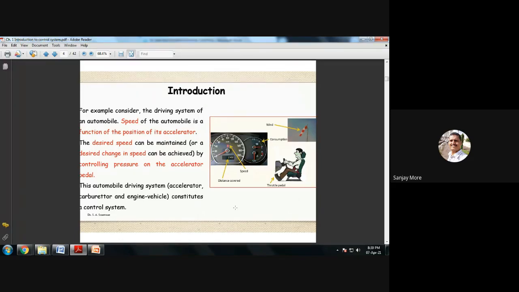Speed of the automobile is a function of the position of its accelerator.